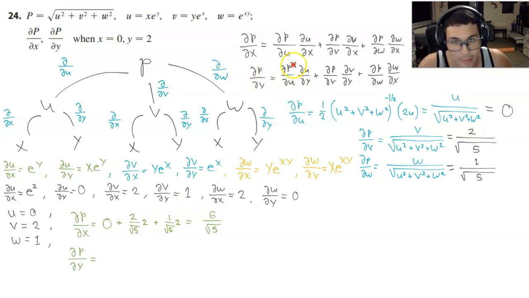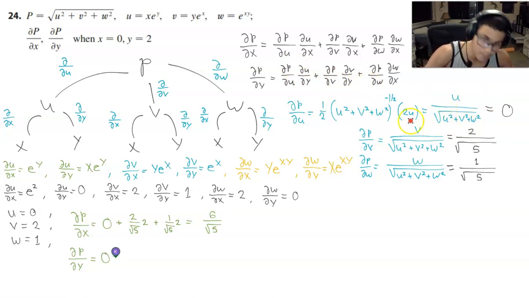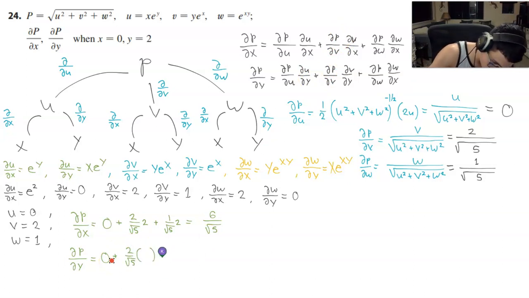So dp du, well, 0. And you see there's kind of a pattern here. Let me guess: 2 over square root 5 times something, plus 1 over square root 5 times something.